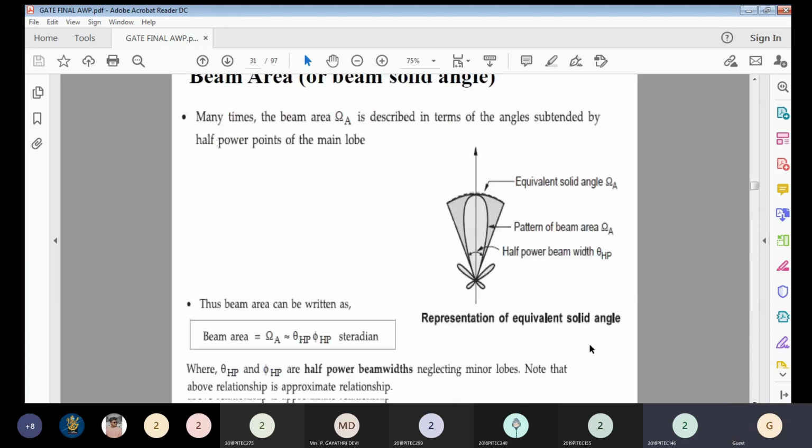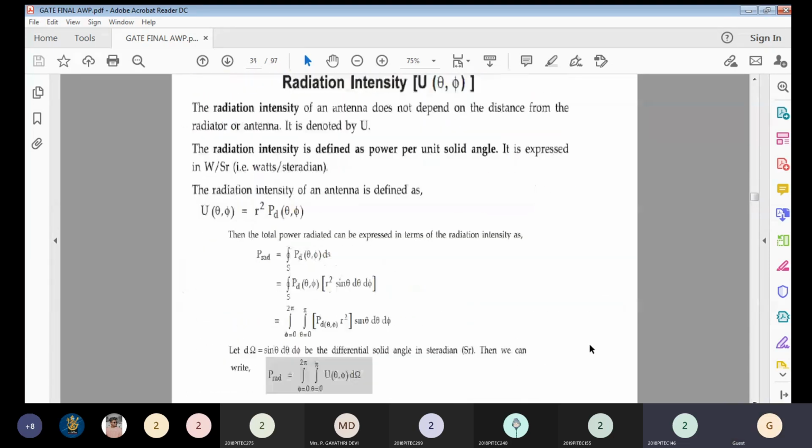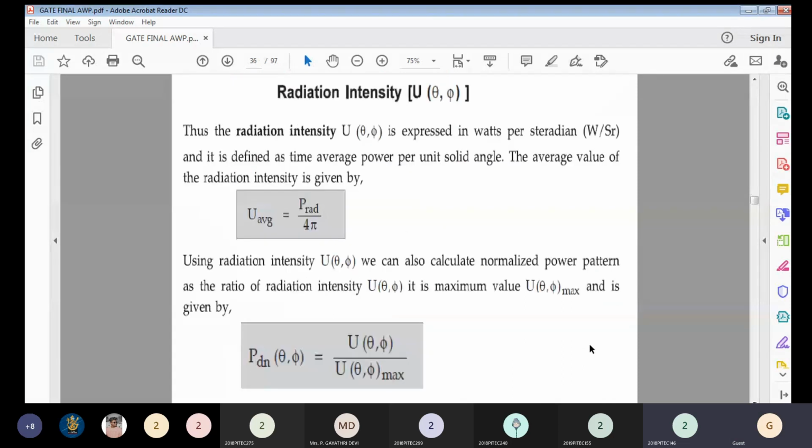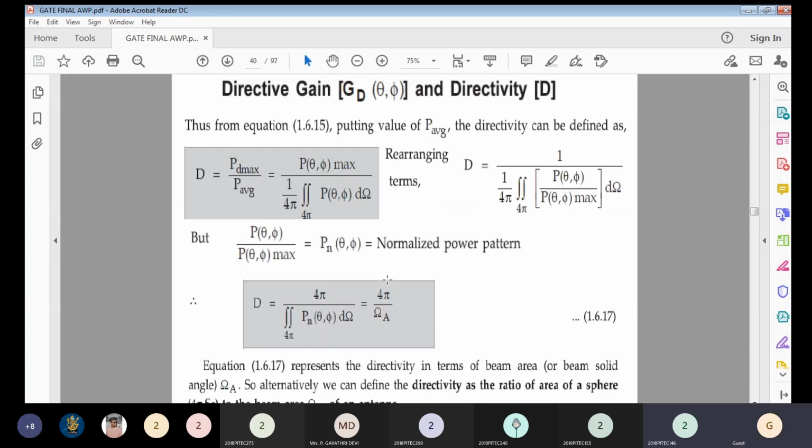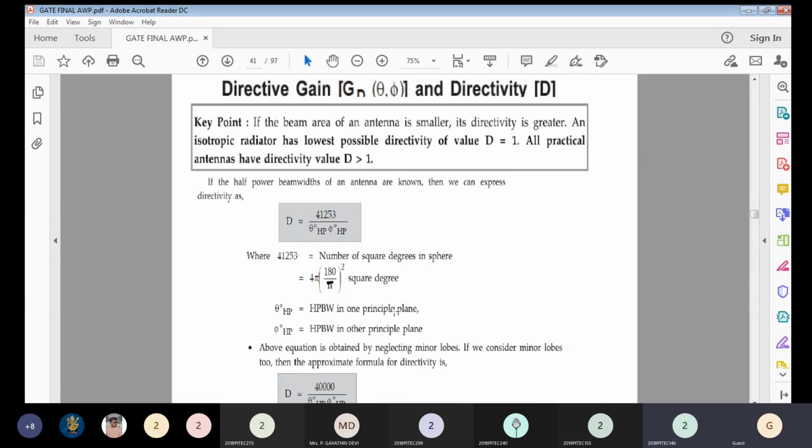Okay. Next, we discussed beam width and radiation intensity, P radiation by 4 pi. It's a major function. And directivity also we discussed. Directivity D equal to 4 pi by omega A, the beam solid angle. Directivity in terms of the angles given, theta and phi, is 41253 by theta and phi.